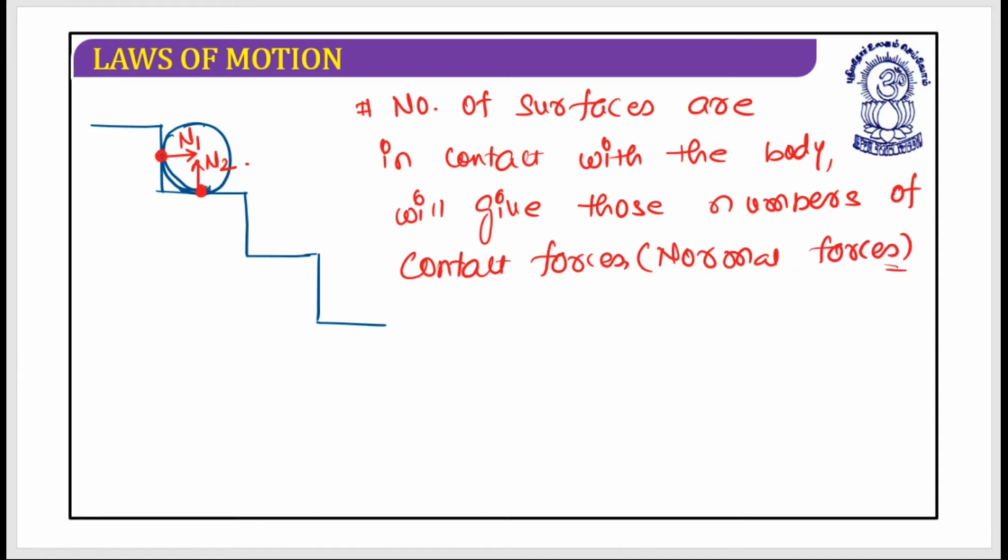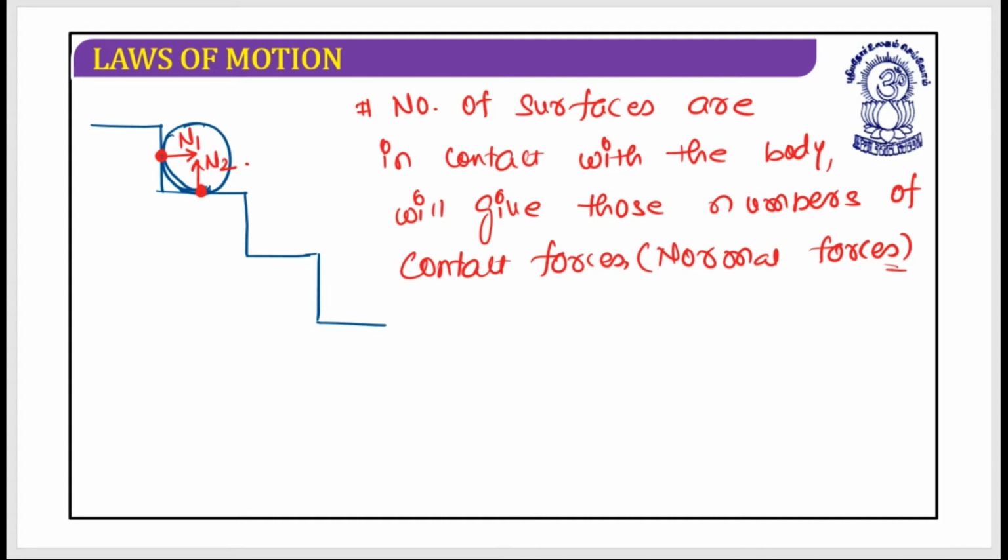As many surfaces are in contact, that many normals are to be drawn. When we apply the normal force, we need to remember only one thing: the two bodies should be in contact, and this force should be applied in the direction perpendicular to the area of contact or to the side of contact.